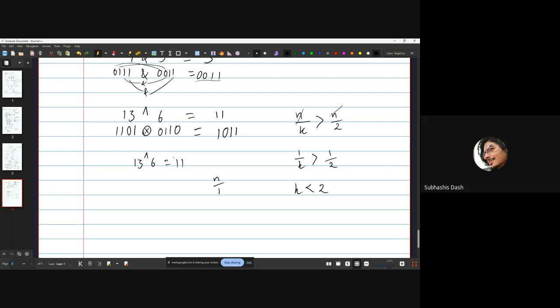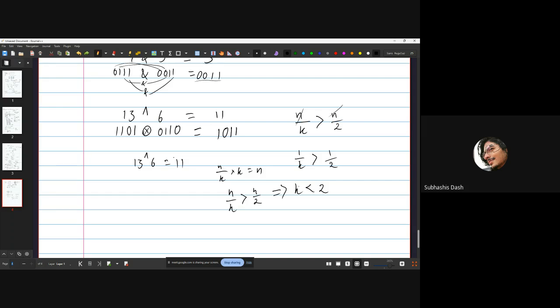So n by k into k is equal to n. So if n by k is bigger than n by 2, then that will imply k is smaller than 2.